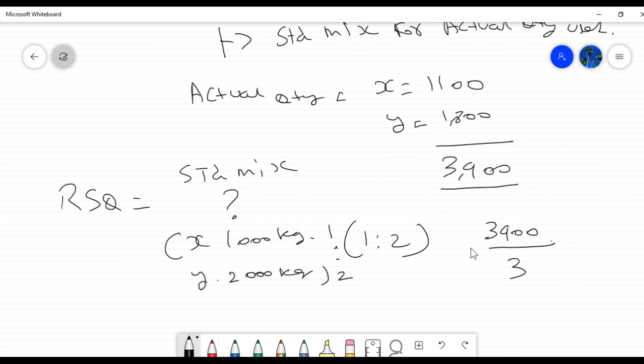Sorry, I think I made a mistake. What is the mistake? 1100 plus 1800 equal to 2900. This is the mistake. Sorry for the inconvenience. So 1100 plus 1800 equals 2900. 2900 divided by 3.